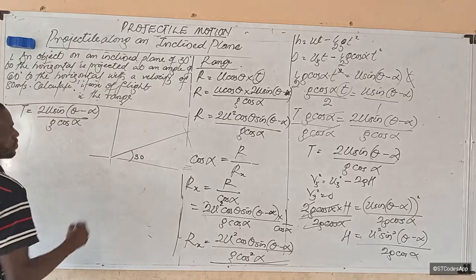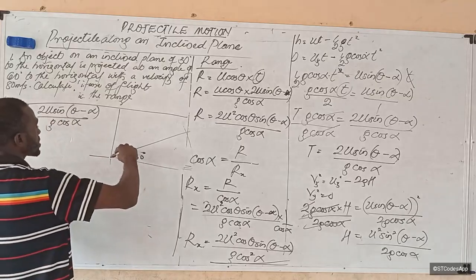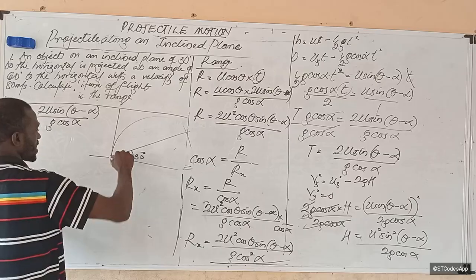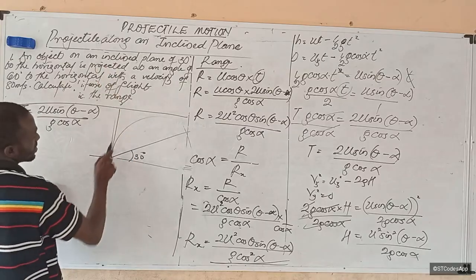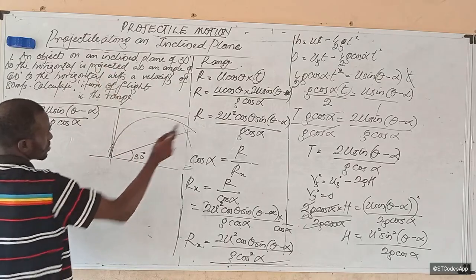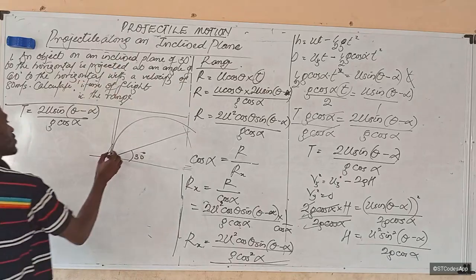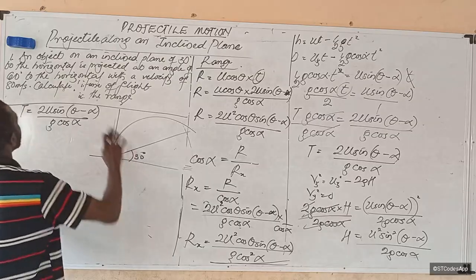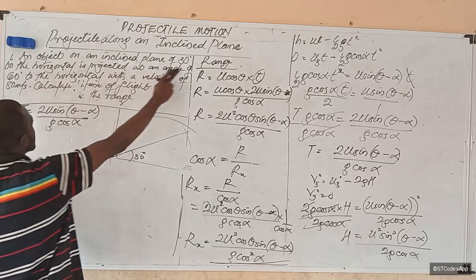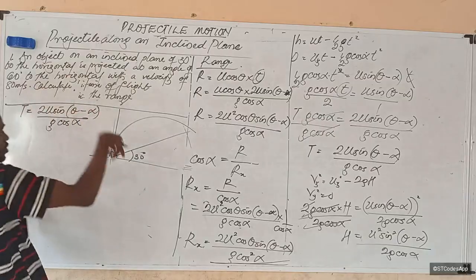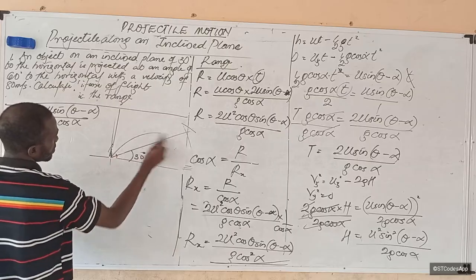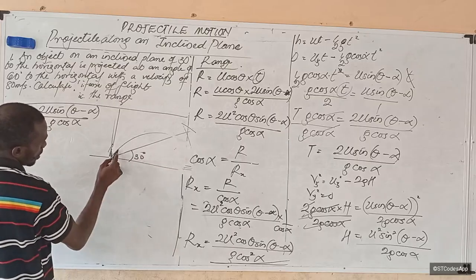Then they project it at 60 degrees. Sorry, the object is projected at an angle of 60 degrees to the horizontal. That 60 degrees is to this horizontal, please.